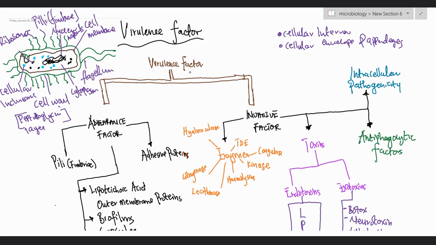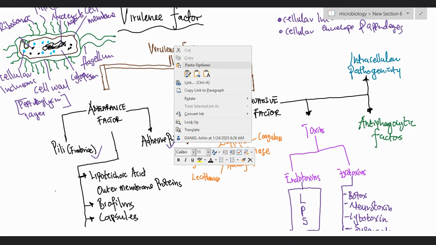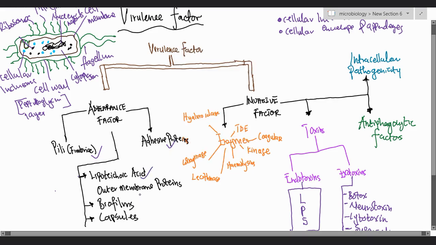Under the adherence factor we have structures such as the pili, the adhesive proteins, then we have the lipoteichoic acid, the outer membrane proteins, the biofilms, and then the capsules.